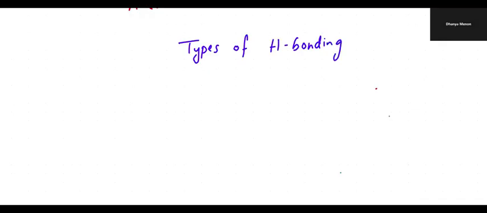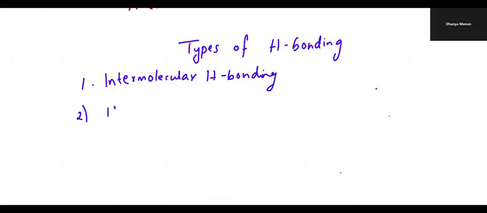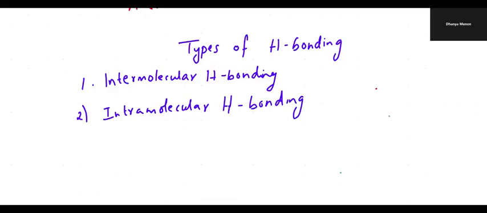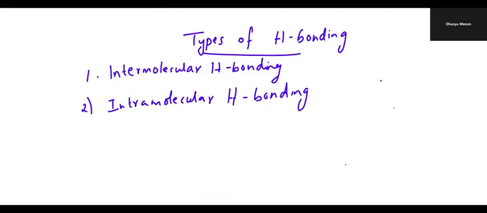One is intermolecular hydrogen bonding, and one is intramolecular hydrogen bonding. So these are the two types of hydrogen bonding. Let's start with the types. We have to know the type.